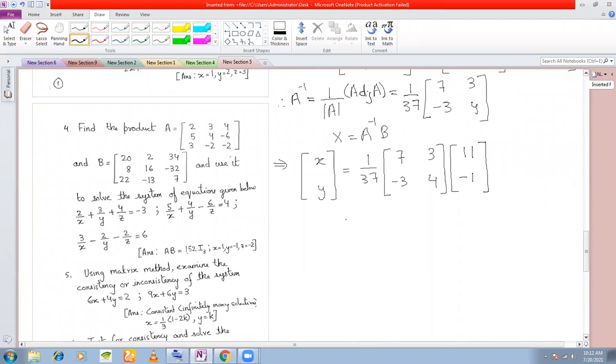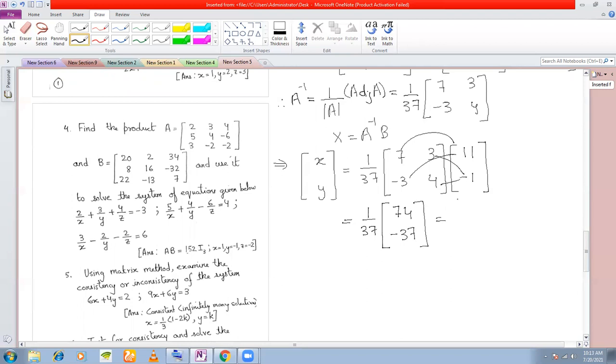Okay, so now start multiplying these two matrices. So 1 by 37, you multiply these two matrices. I don't need to show you matrix multiplication now. You are going to get 74: 7 into 11 plus 3 into minus 1 will give you 74. Next, minus 3 into 11 plus 4 into minus 1 will give you minus 37.